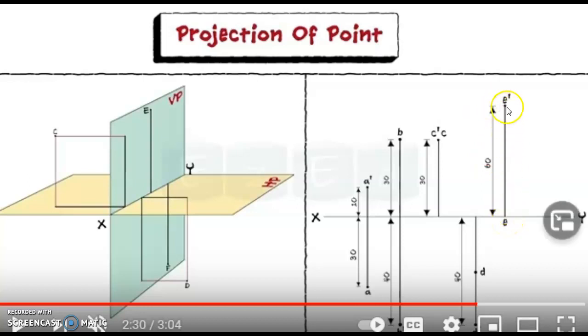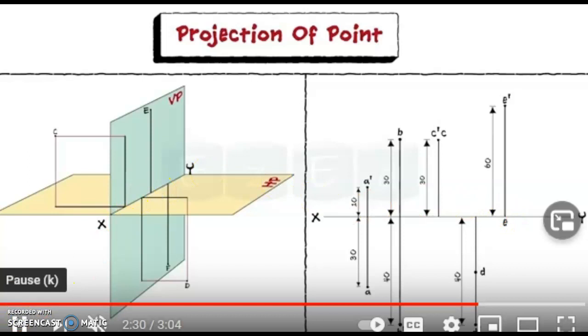This point E dash is the front view. This point is 60 mm above the horizontal plane, so we name it E dash. And on VP means the top view is on this XY line. So this point is E.